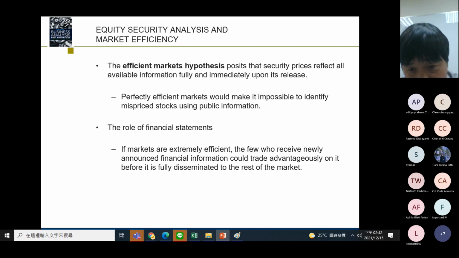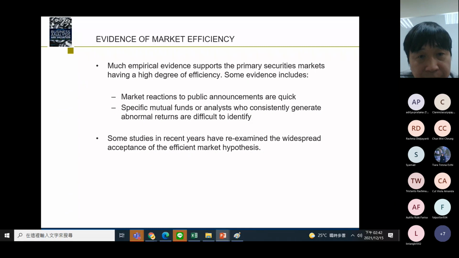financial information could trade advantageously on it before it is fully disseminated to the rest of the market. Much empirical evidence supports the primary security markets having a high degree of efficiency.